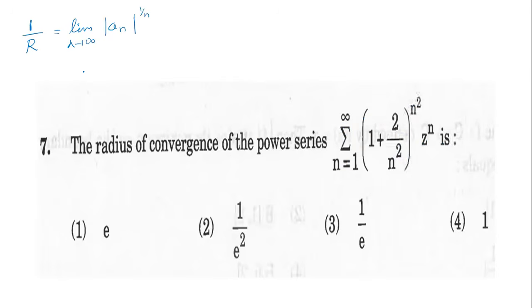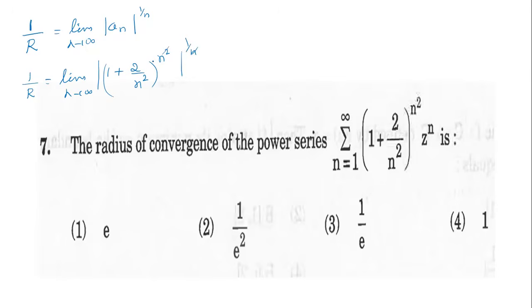If we apply, this is a n. 1 by R is equal to limit n tends to infinity of (1 plus 2 by n square) whole raised to n square, and 1 by n.